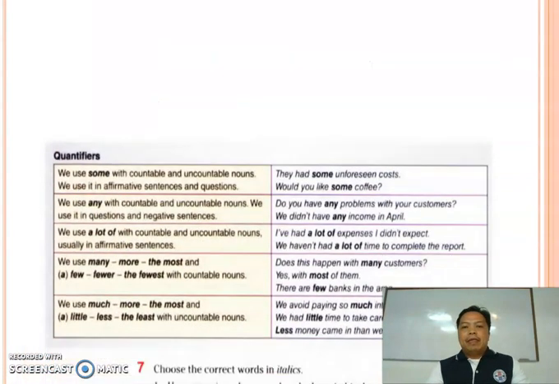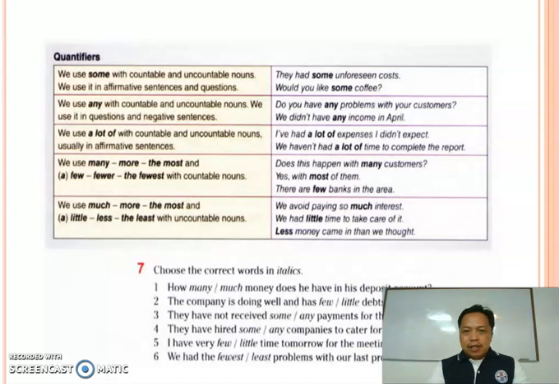All right. Now let's study grammar, the language that we also need to use for business. So, quantifiers. Do you know what quantifiers are? Okay, so how do we use quantifiers? We use some with countable and uncountable nouns.